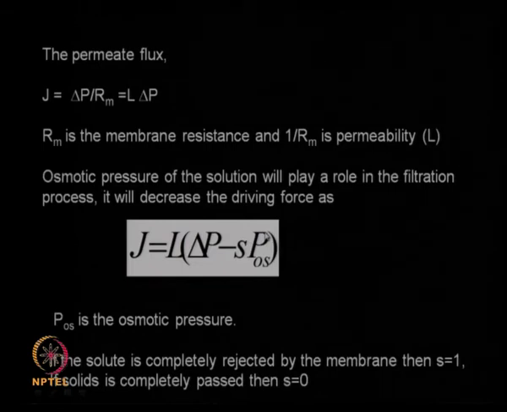That means if solids completely move to the other side, then the osmotic pressure has no effect on the driving force, whereas if the solute is completely captured, that means on the downstream you have pure solvent without the solute, then osmotic pressure will have a maximum effect because S will take the value of 1. So, S takes a value of 0 or 1 and it is 0 if the solute or solids get completely passed. The delta P gets decreased because of the osmotic pressure.